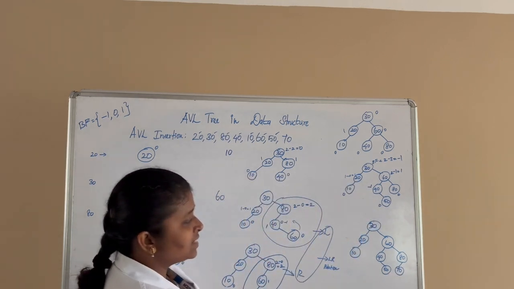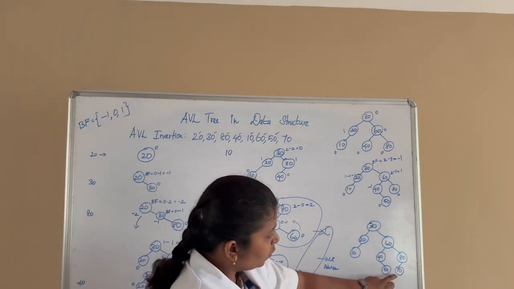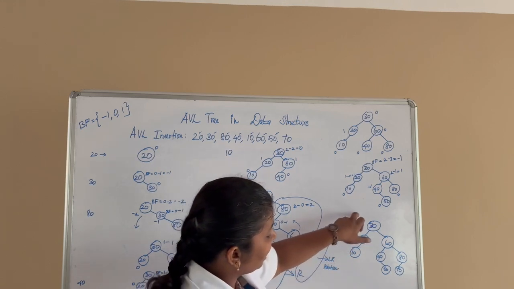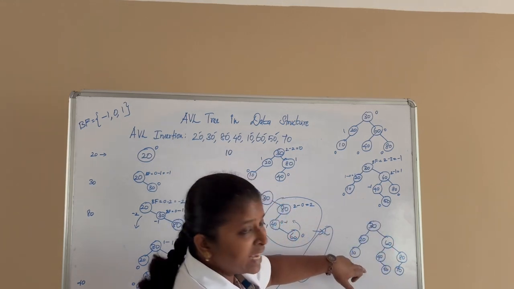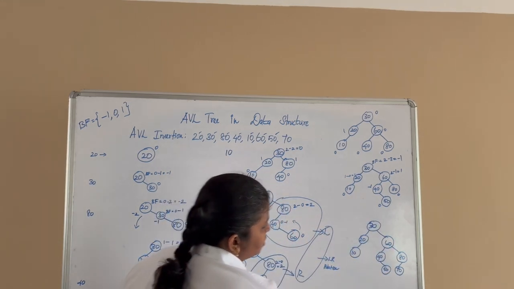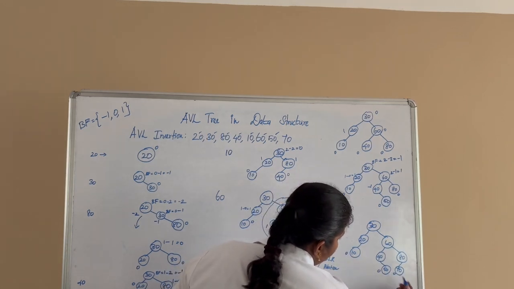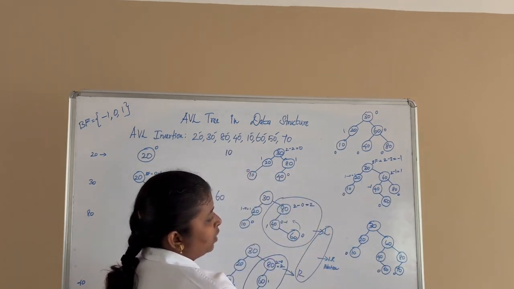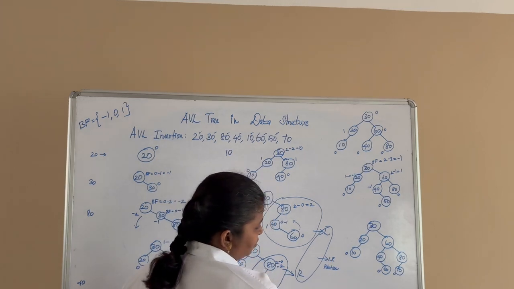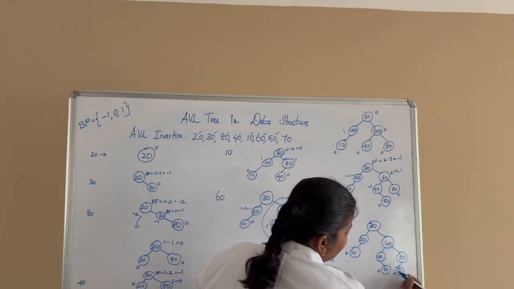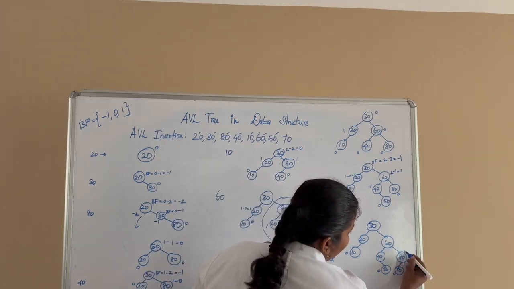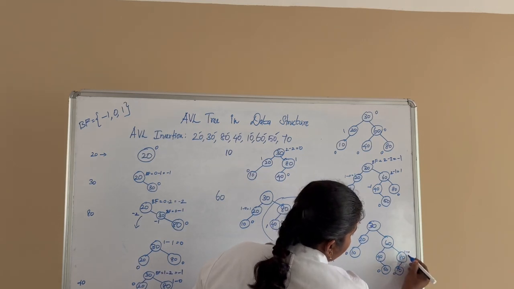Now after inserting the value 70, we have to update the balance factor for each and every node in the AVL tree. So here all the leaf nodes, the balance factor will be 0 as I told already, because there is no left subtree, there is no right subtree. Here the balance factor for 80 is height of the left subtree minus height of the right subtree, which is 1.